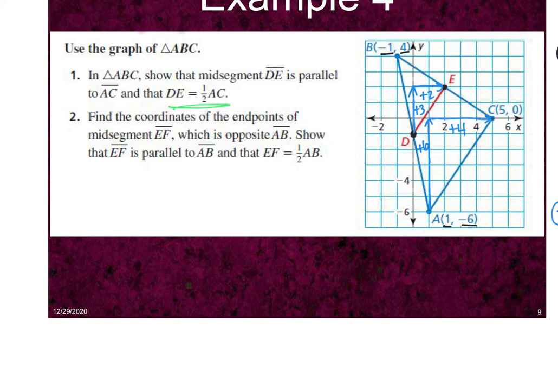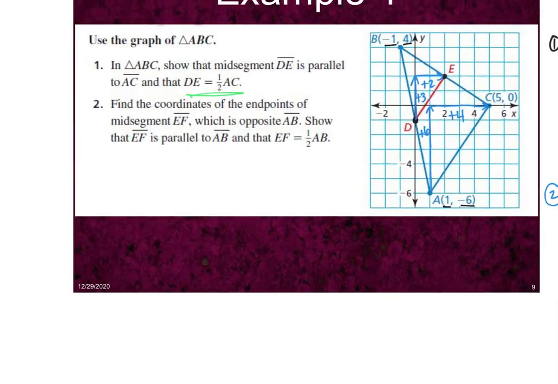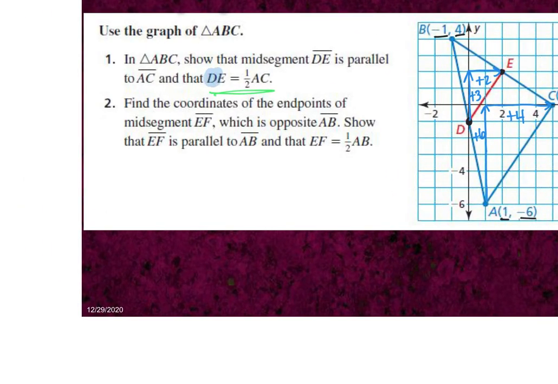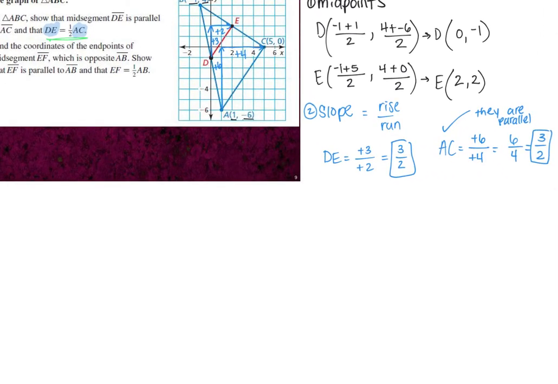So let's jump to the last slide. All we got to do is find the distance of DE, and find the distance of AC, and make sure that DE is exactly 1/2 of AC. All right, so DE, step number 3, let's do it in red, distance formula.